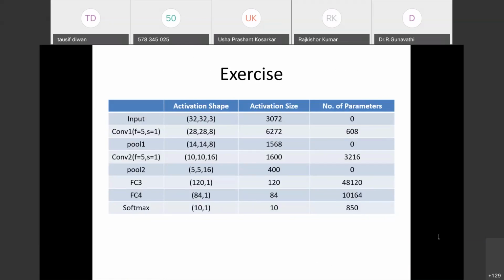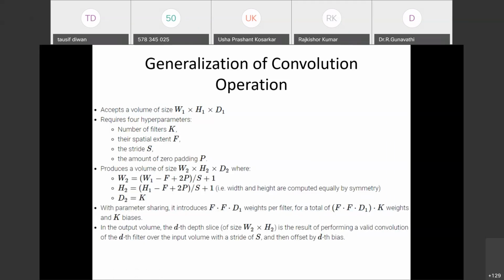What are dominating features? Dominating features are those that take part in the final decision. Okay, so these are the generalizations of convolution and pooling.